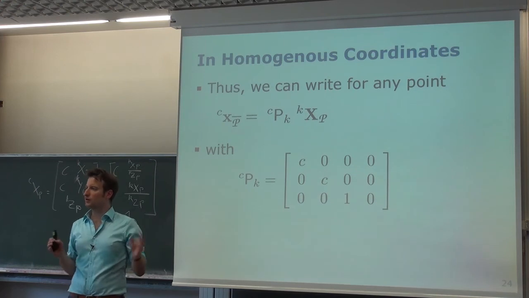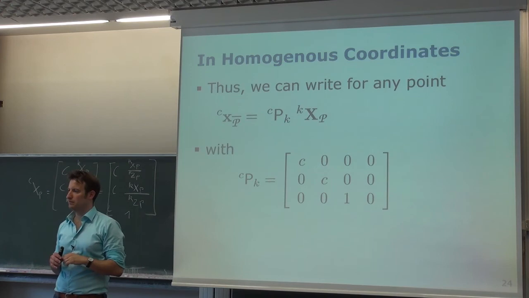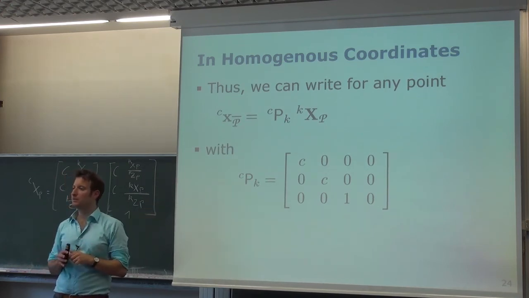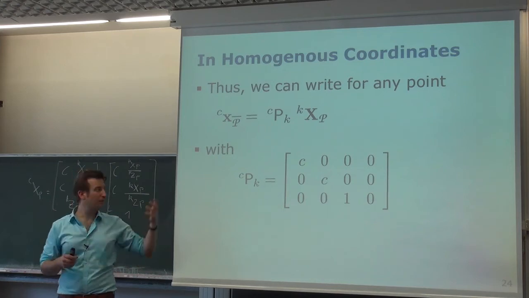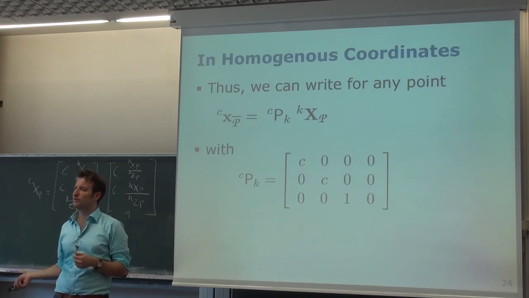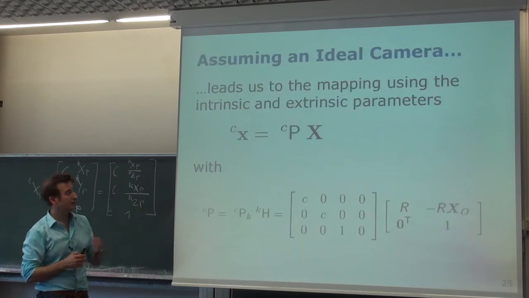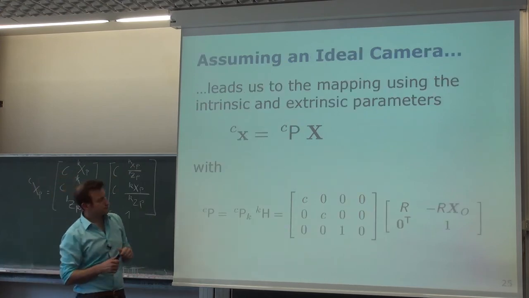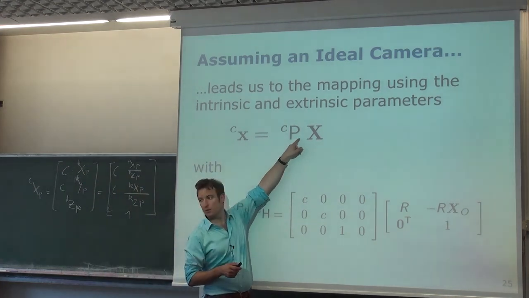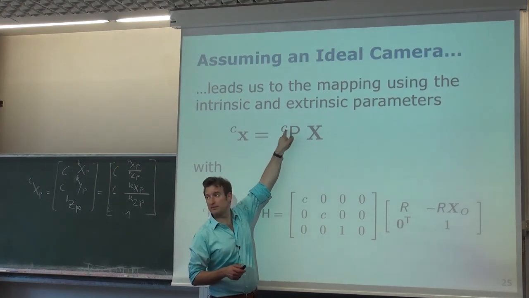Okay, so now I can actually combine that. Given I have the ideal camera, which just does the ideal projection, I can now combine this matrix with the transformation we had before from the world coordinate system to my camera coordinate system. I can say, okay, this is now P mapping from the world coordinate system to the image plane.